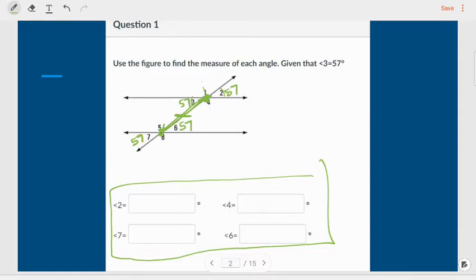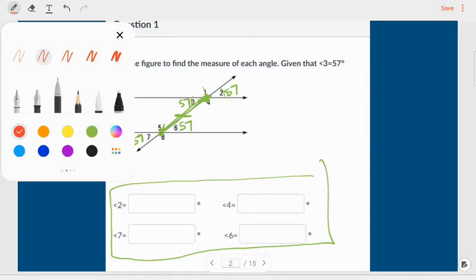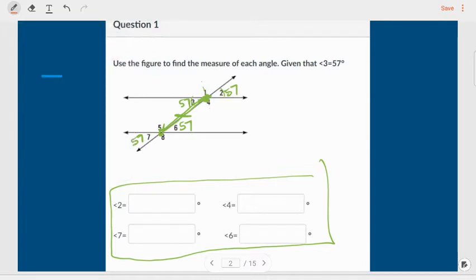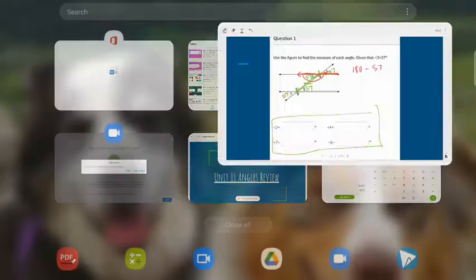Remember, how to get those is to recognize that I have a linear pair. So for example, if I were to draw a straight line, and start facing to the left and turn to here and be facing this way, that's a 180 degree turn. So to get angle 4, I'm going to, in my calculator, type in 180 minus 57.